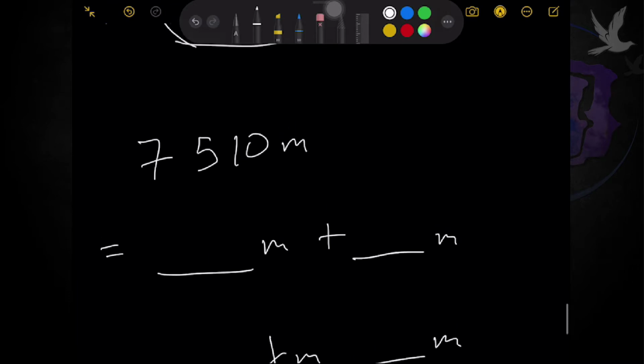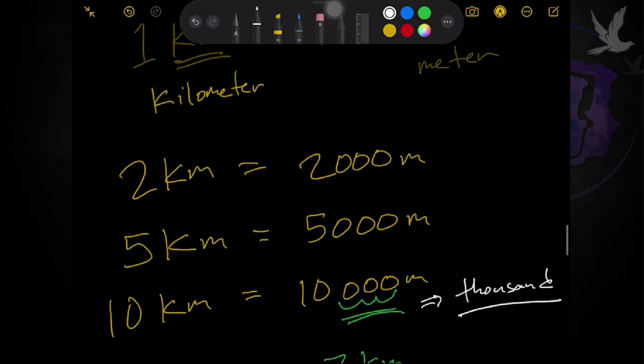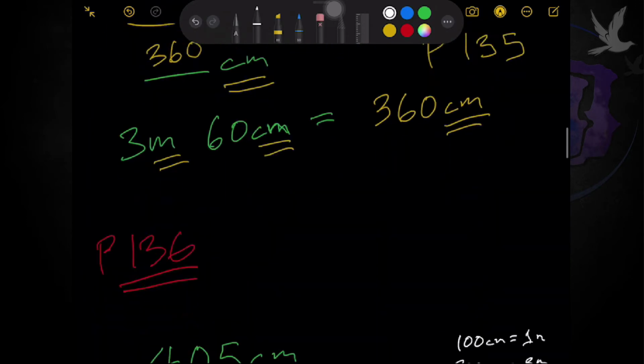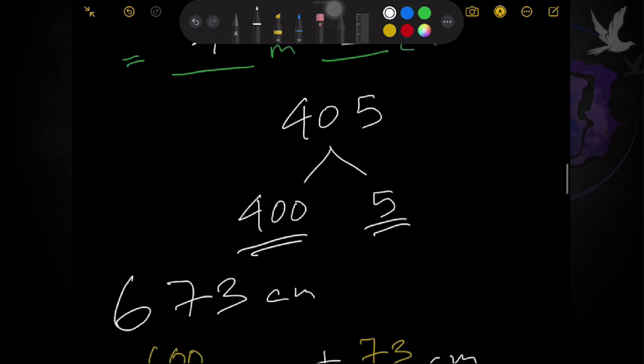Same as what we did earlier, taking 7,510. In this case, you notice that we have 3 decimal places, which means we are talking about 1,000 here. Earlier, we were talking about 100 only.